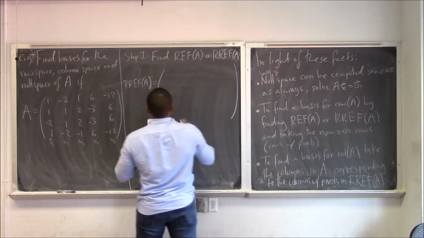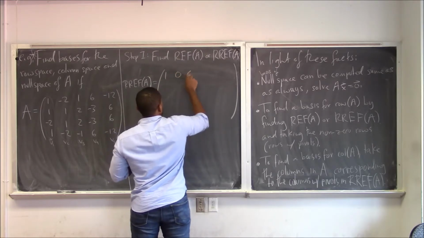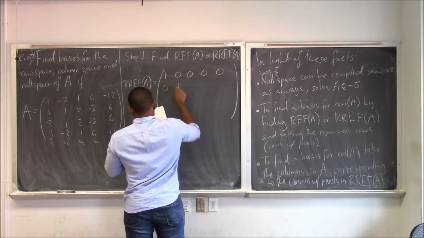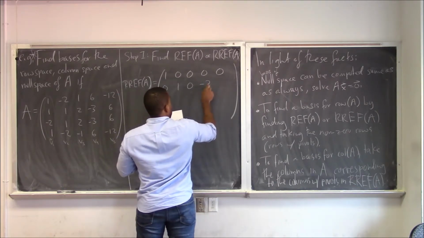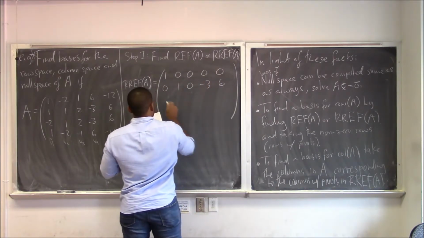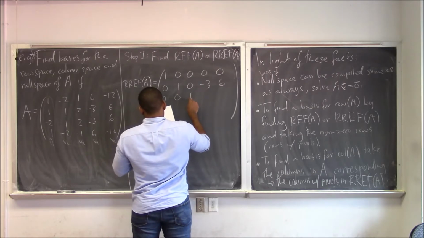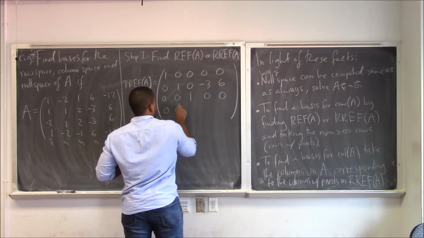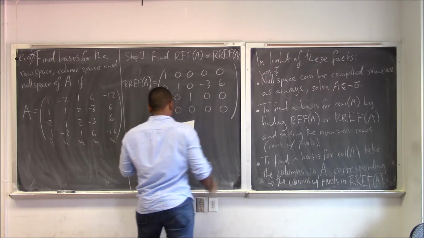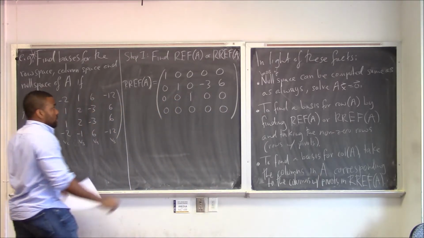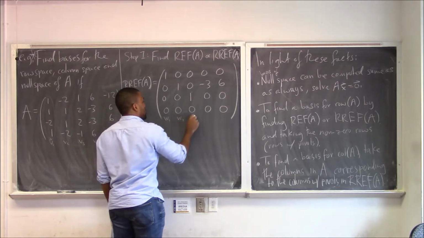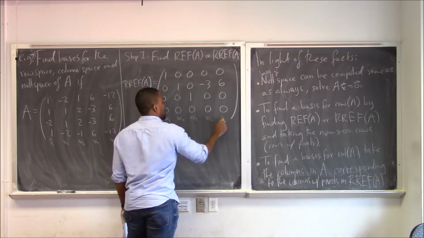It's going to be 1, that would come out. Let's call these columns here W1, W2, W3, W4.